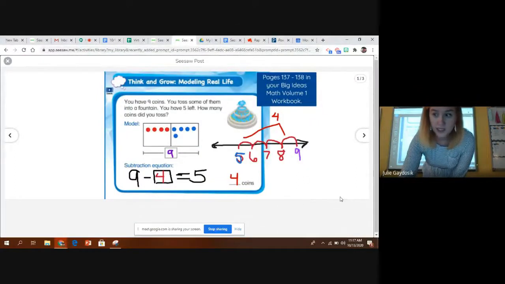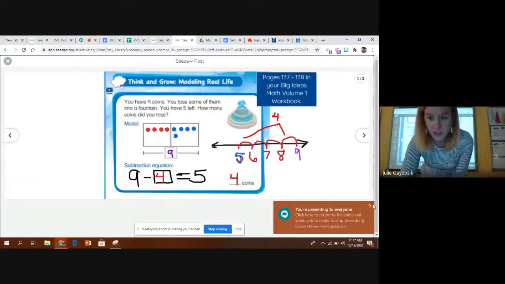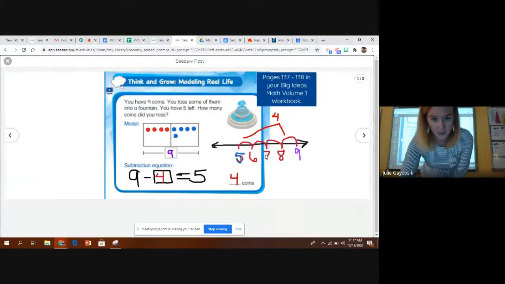Okay, so your Seesaw activity is on pages 37 and 38. This is an example. Obviously, you can see I like my open number lines, and I showed you your open number line strategy as a way to solve, because I do think it's easier with subtraction in particular.